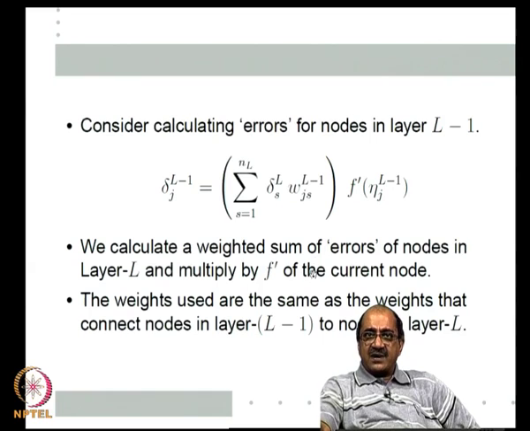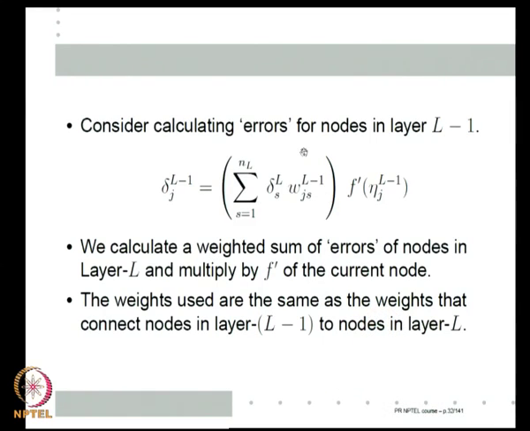In the weighted sum, the weights are the same as the weights that connect the corresponding nodes in layer L minus 1 to the nodes in layer L. So, essentially I am taking the errors at nodes in layer L, multiplying them by the weights between layer L minus 1 and layer L, and taking a summation.